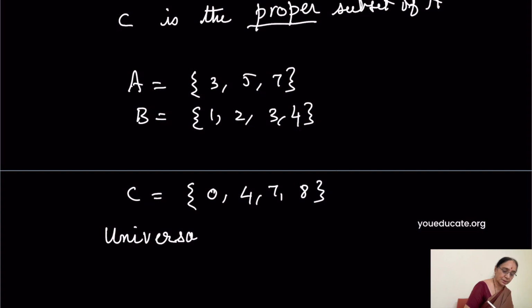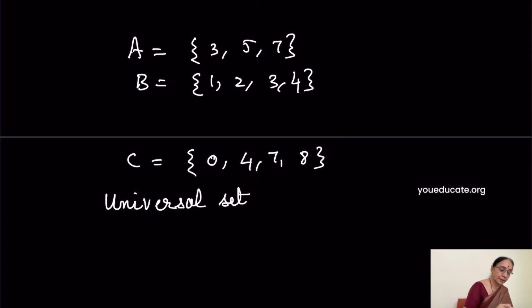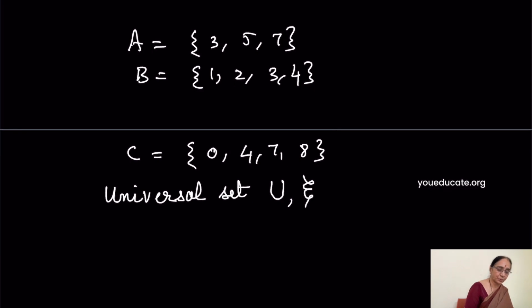What is this universal set? It will contain all the elements that are in A, B and C. That means a universal set is a bigger set and we are considering subsets of this universal set. So here I am going to consider A, B, C as subsets of this universal set U. Mostly we use U, and this is also very commonly used, the universal set.